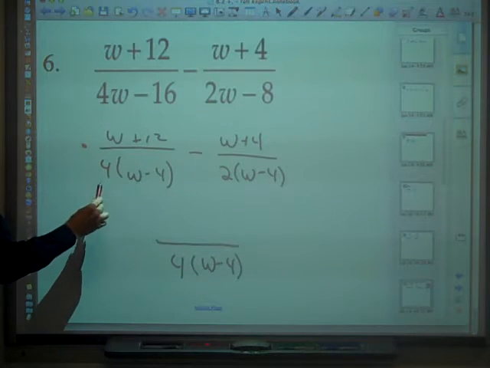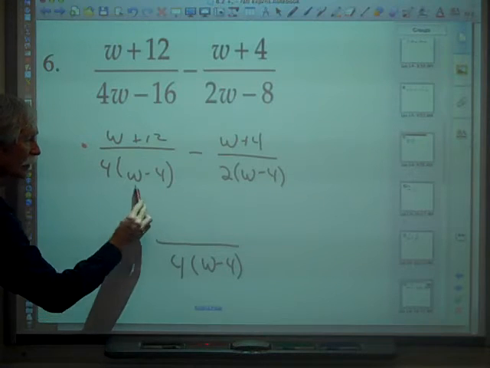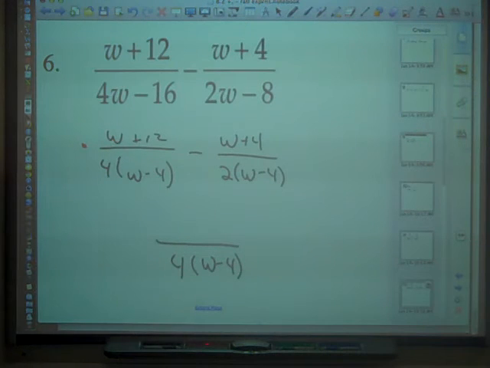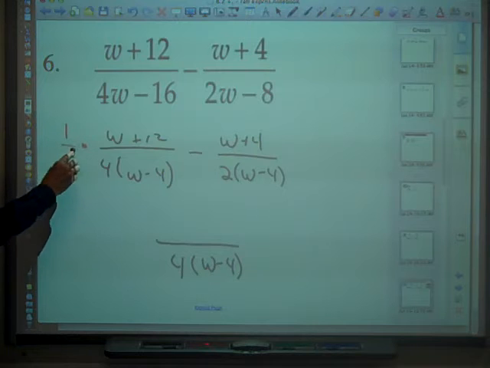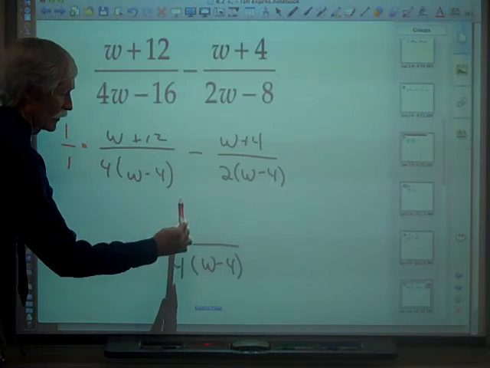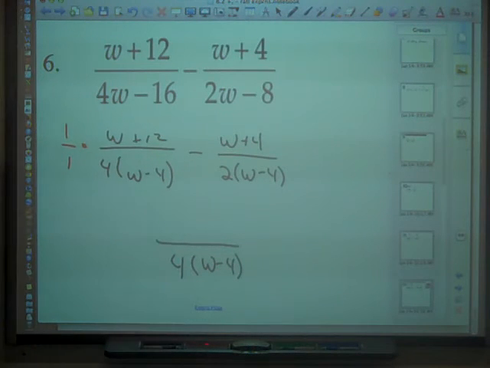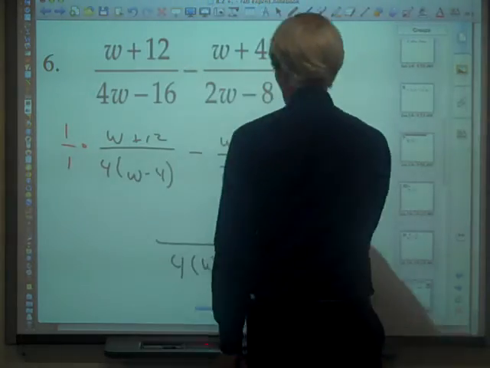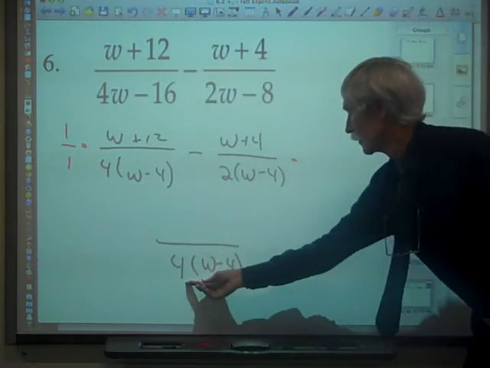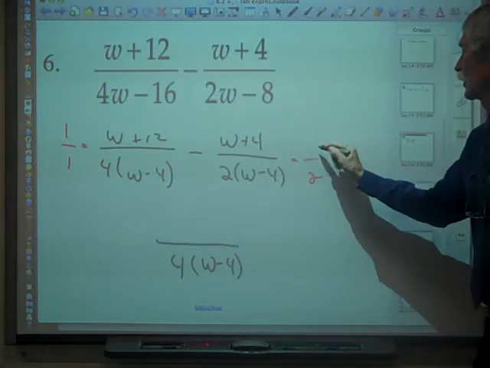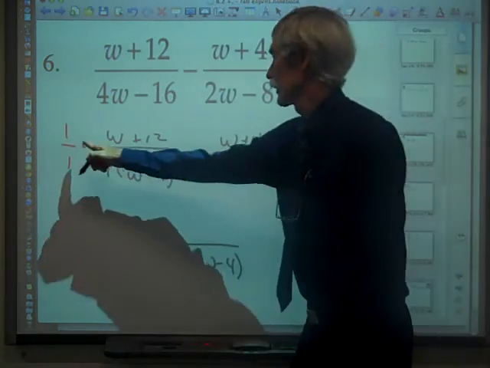What does this need to have that common denominator? Nothing. Doesn't it have the common denominator built in right from the beginning? What does this one need to have the common denominator? 2. A 2. So what will this look like?